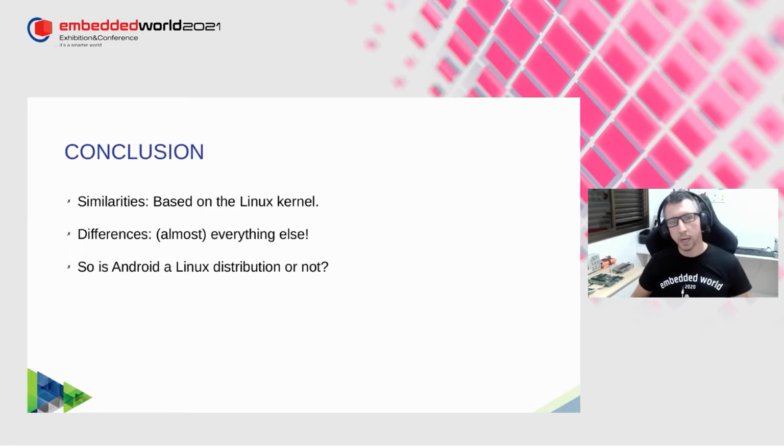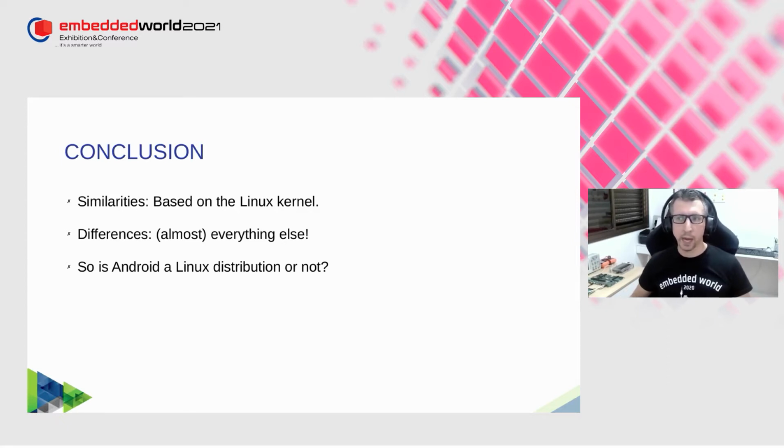So yeah, some conclusions from this talk. As we could see, there are a lot of differences in an Android system compared to a usual Linux-based system. The only similarity I would say is that they are both based on the Linux kernel. But as we could see, Android needs some special or extra features in the Linux kernel to run.